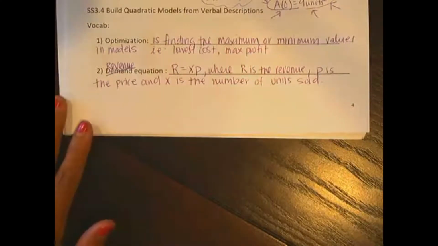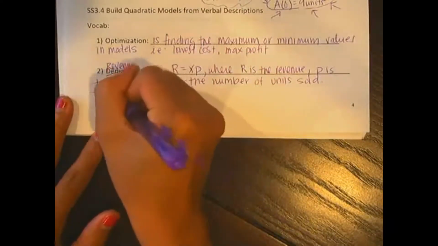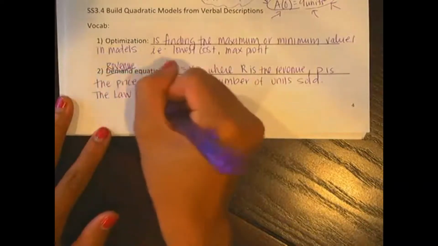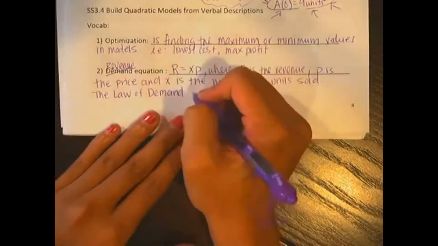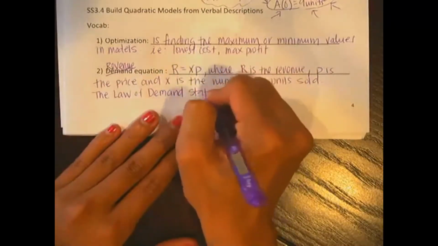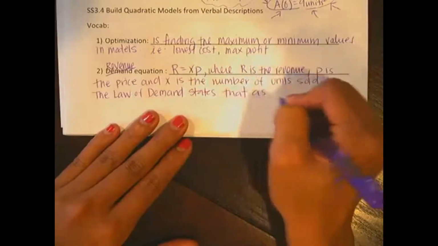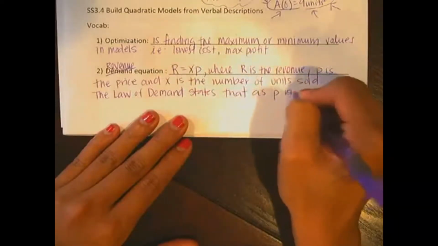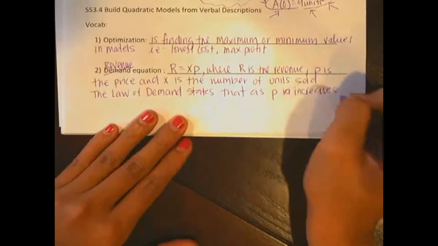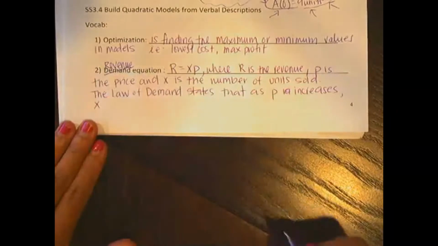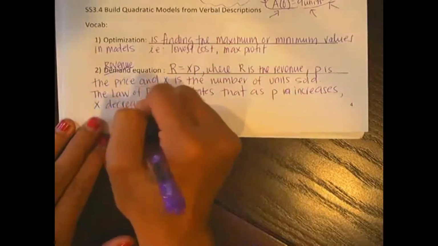And the law of demand states, if you're in economics, that as P, price, increases, X, which is the number of units sold, decreases.